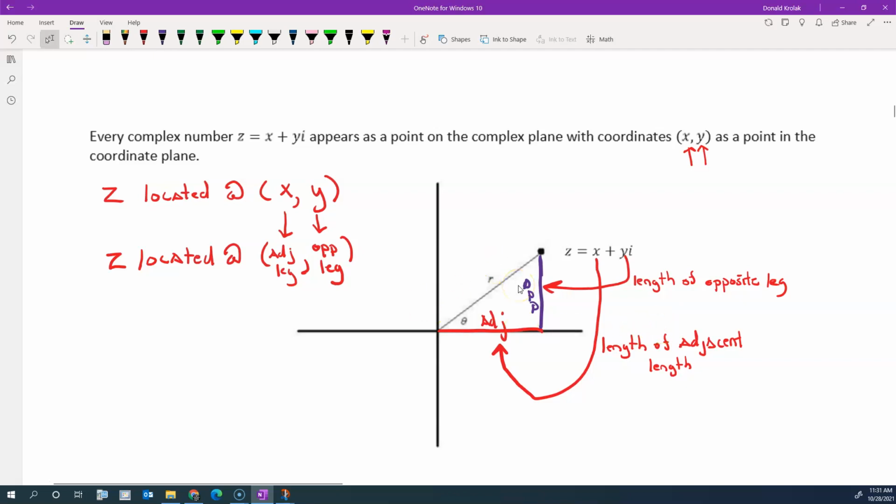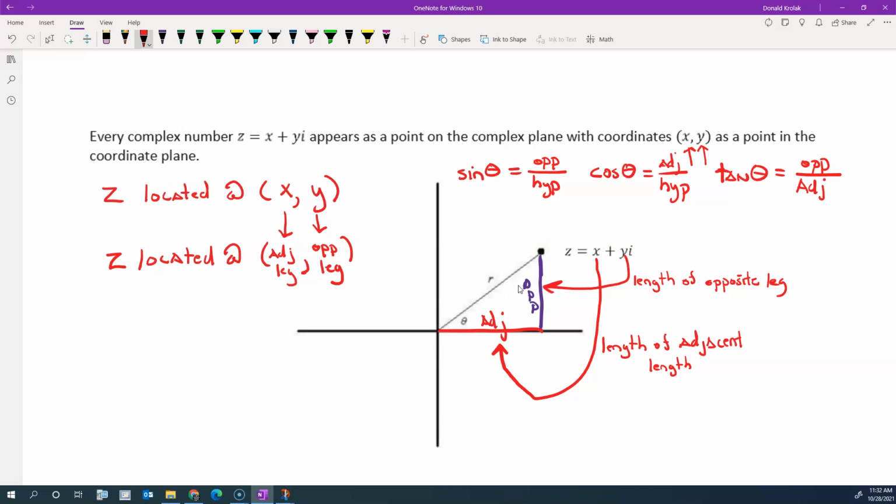If you remember your trigonometry, the sine of an angle is equal to the length of the opposite leg divided by the length of the hypotenuse. The cosine of an angle is equal to the length of the adjacent leg divided by the length of the hypotenuse. And the tangent of an angle is equal to the length of the opposite leg divided by the length of the adjacent leg.